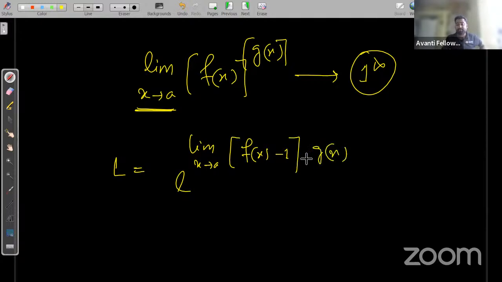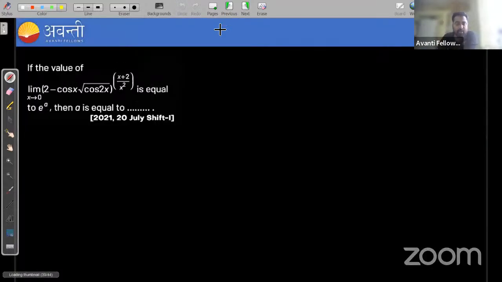Remember this formula, this is a very, very important formula. When the limit is in the form of 1 to the power infinity, then you can use it. That is e to the power limit as x approaches a of (f(x) minus 1) into g(x). Okay, so let's solve one question here.